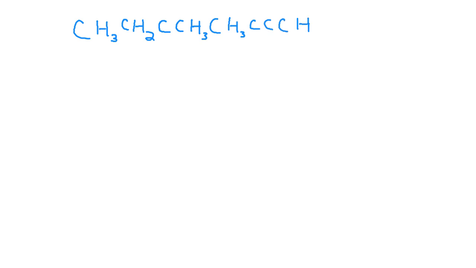Okay, so again, we want to try to name this. So pause and see if you can figure out what this is as I try to unwind it. Okay, so here we go. There's my CH3. Okay, and here's my CH2.